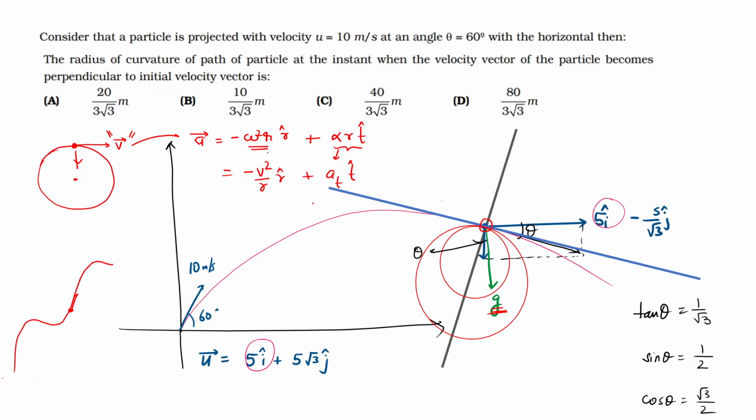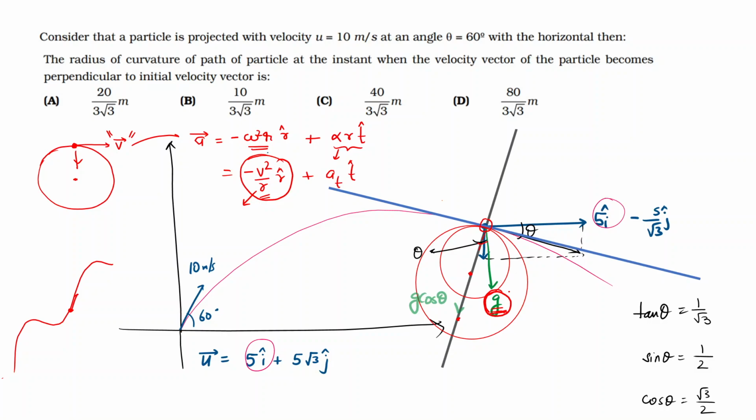So this radial acceleration, the centripetal acceleration, which is towards the center, we can use to figure out this r. The acceleration of the particle is g downwards, and towards the center, whatever this circle is, the center will lie on this normal, right? So this angle is theta, so the centripetal acceleration of the particle is going to be g cos theta.